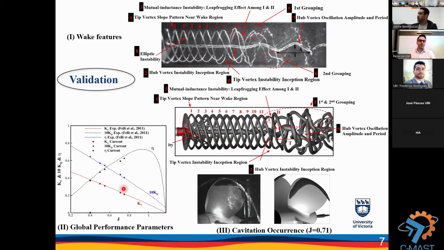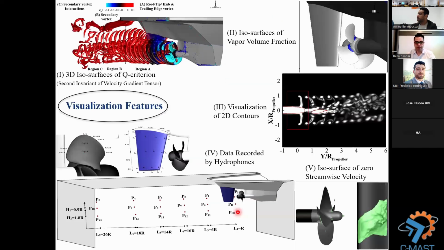Also for global performance parameters like thrust and torque, with an accuracy of less than 1%, our model could capture the flow and predict the thrust and torque coefficients. And you can also see here the cavitation over the surface of the blade. It's very close to what we obtained in our experimental setup.